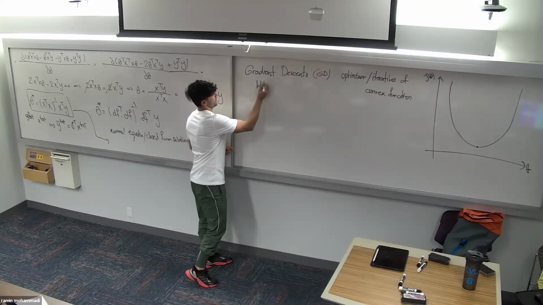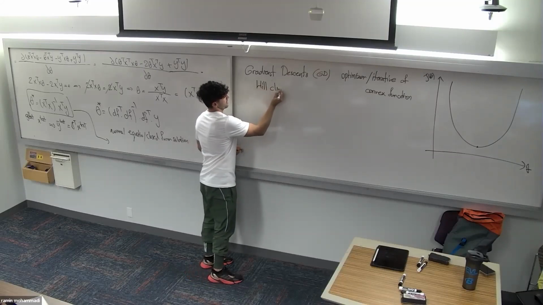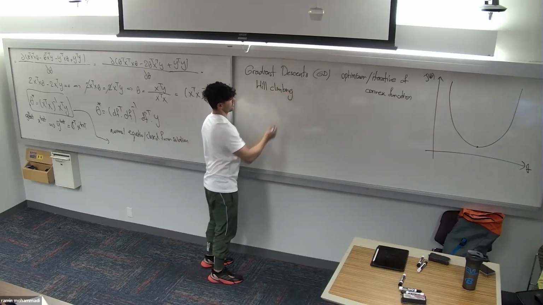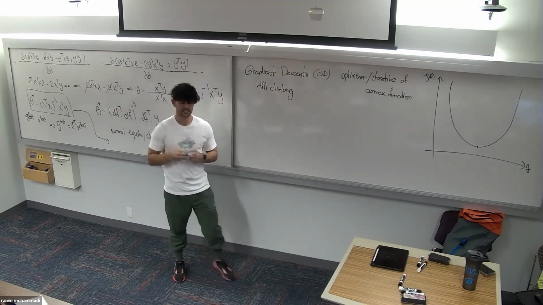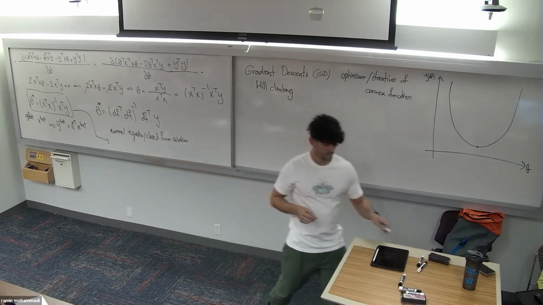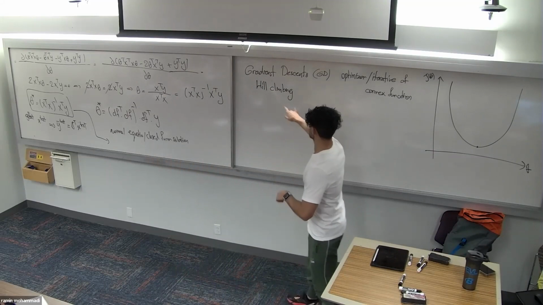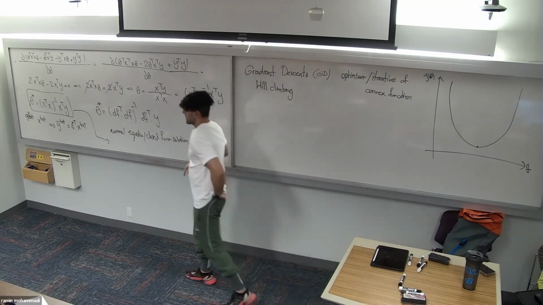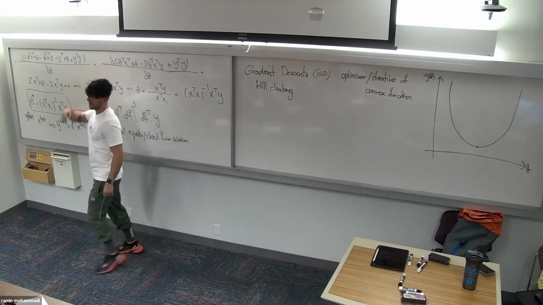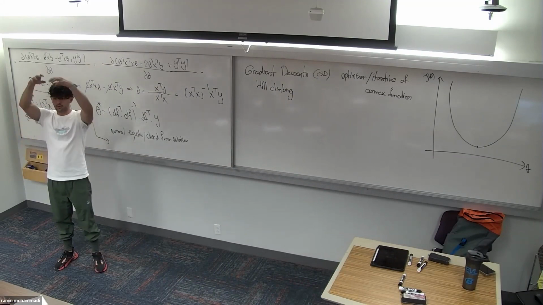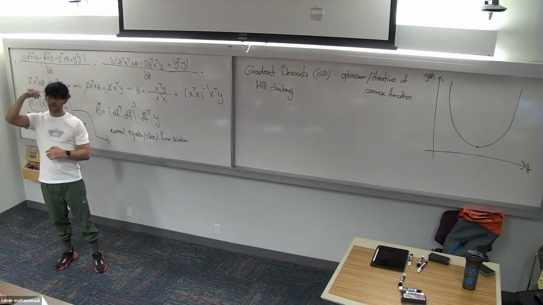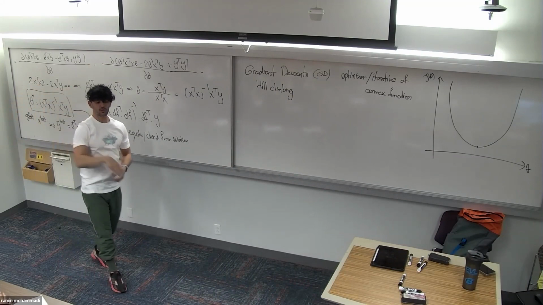Gradient descent also goes by other terms, like hill climbing. The whole idea is this: let's start with the definition of hill climbing. Say you are camping, or just going out in nature, and you go to the top of the mountain. At the end, your goal is to come all the way down.